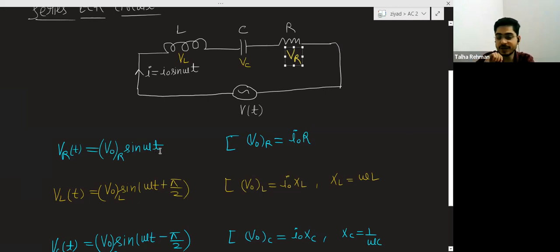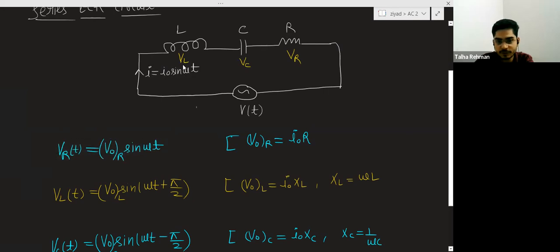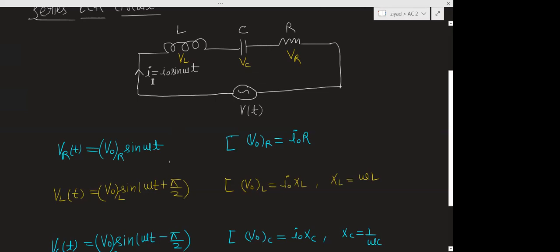Here, we know this is the equation of the current and this is the equation of the voltage for the resistance. Here the phase of current is omega t, and here the phase of voltage is omega t. We know that in case of a resistive circuit, the phase of the current and the voltage is the same.